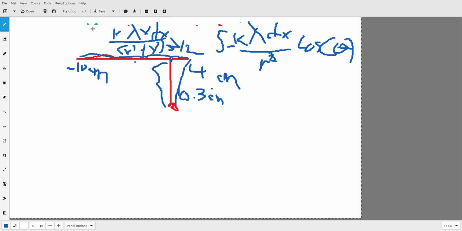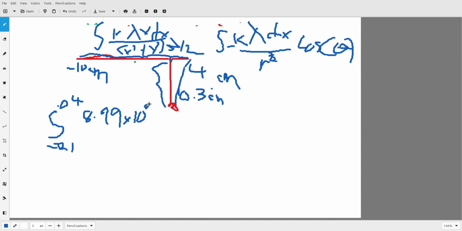And so let's put in the numbers. The upper bound, to keep the units consistent, is 0.04, and the lower bound is negative 0.1. We've got to keep them in meters. That's in centimeters, convert to meters. K is 8.99 times 10 to the 9.